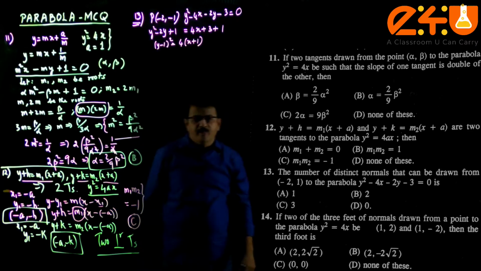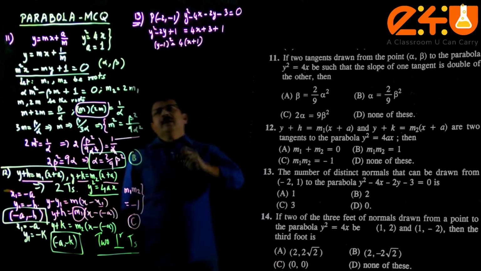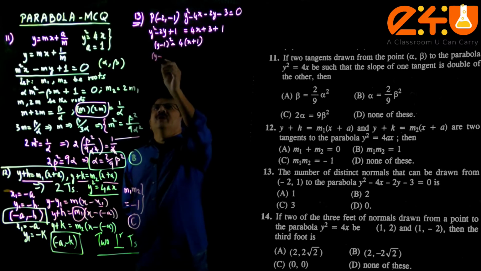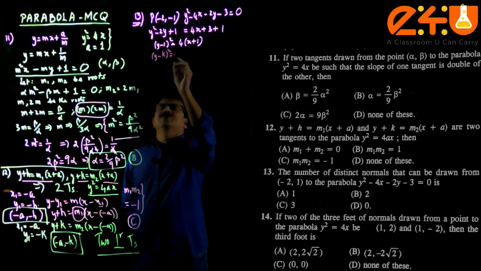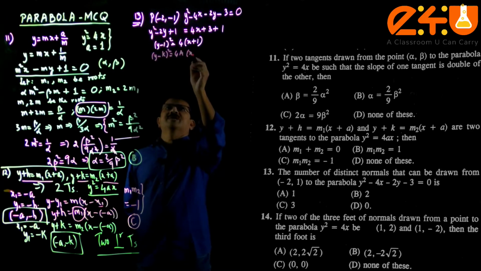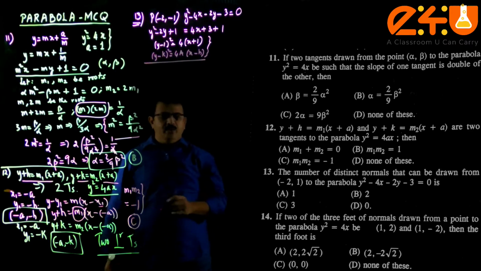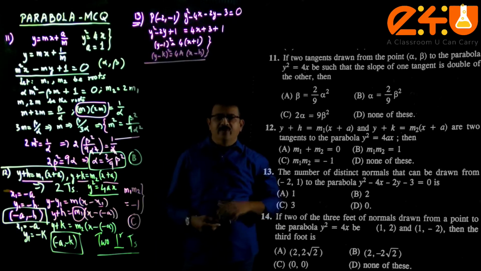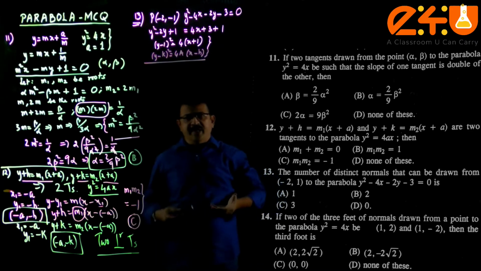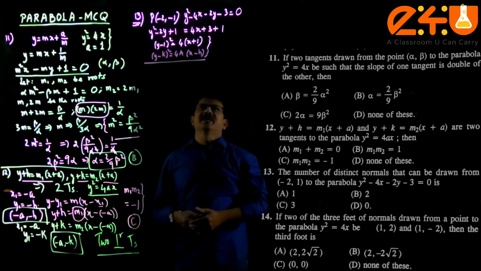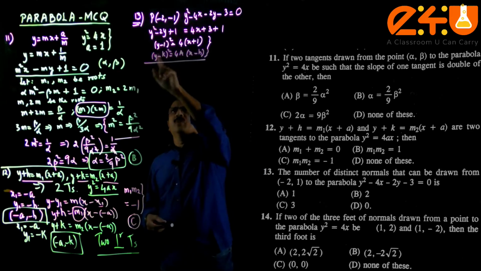So I can take 4 common. I get x plus 1. So you can compare very well with y minus k whole square equals 4a times x minus h. By simply comparing, you get the value of a, and the value of h comma k, that means the vertex coordinates. So vertex coordinates are minus 1 comma 1.